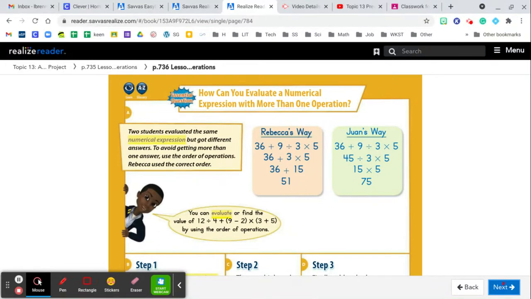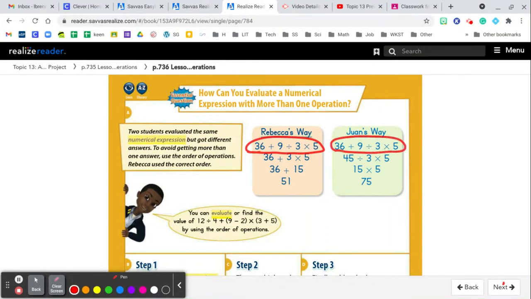Here's another example, and we'll see who's right and who's wrong. So here's your problem right here, the same for both kids, and you follow the order of operations. There's no parentheses, there's no exponents. Multiplication and division come before addition and subtraction.